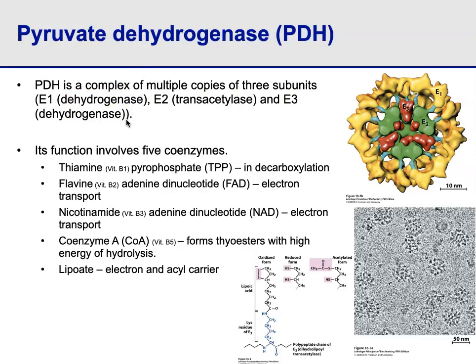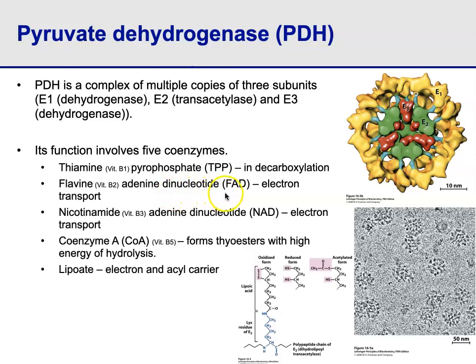Something interesting about this enzyme is the large number of coenzymes that are part of it. 5 of them. One of them is thiamine pyrophosphate, or TPP. TPP is involved in decarboxylation reactions. These are important things for you to understand and realize, because you will see these examples in the future as well.